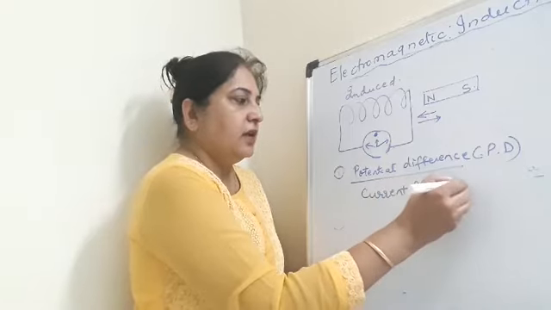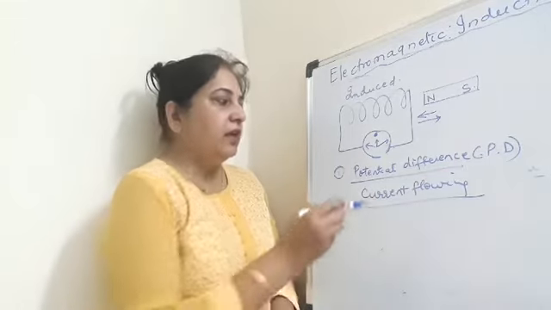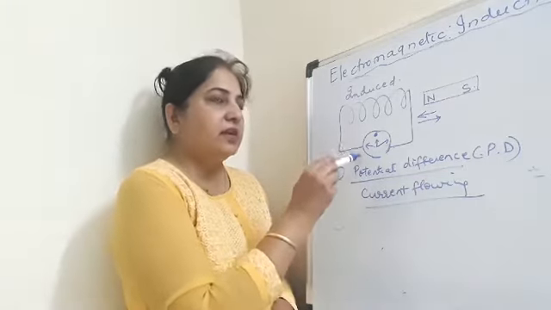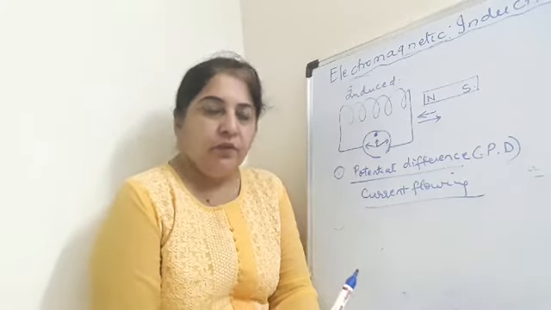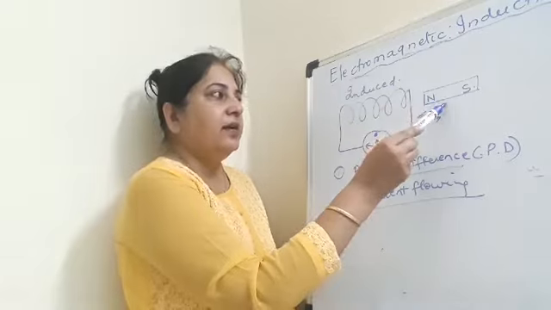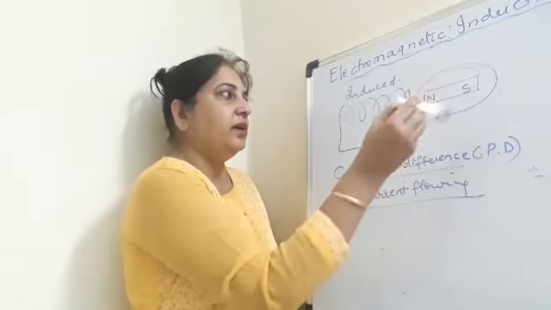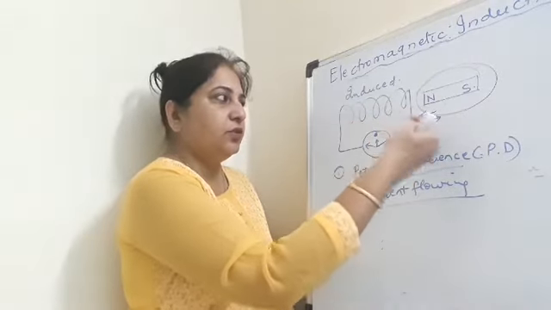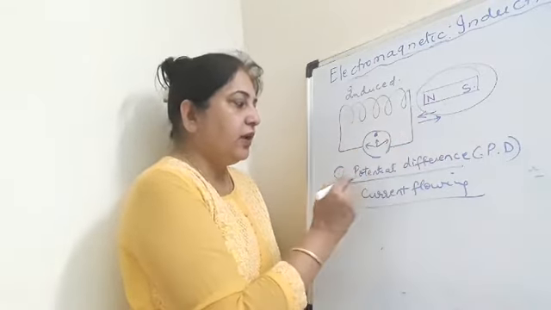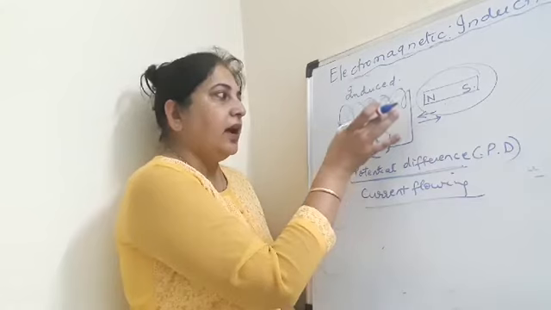Normally we create potential difference in a circuit with the help of a battery, but here we have no battery. We are only using a bar magnet, that is, a magnetic field around it. We are just bringing it inside and taking it outside. So this continuous motion induces a potential difference in the coil.